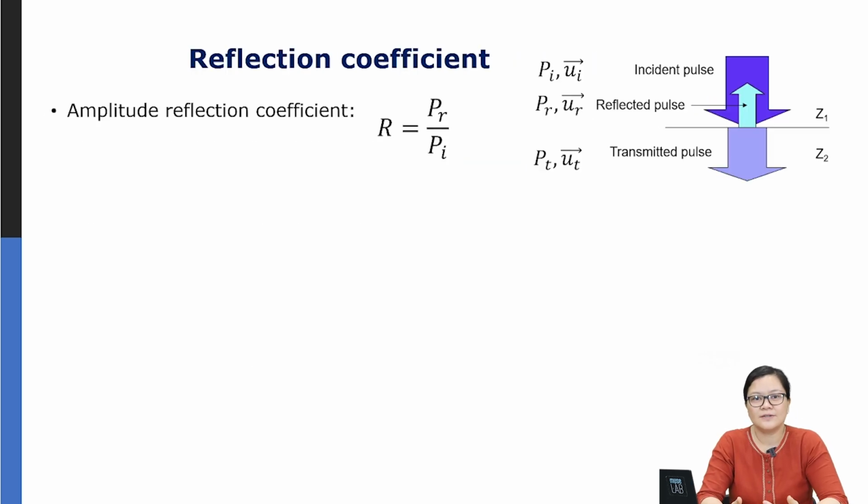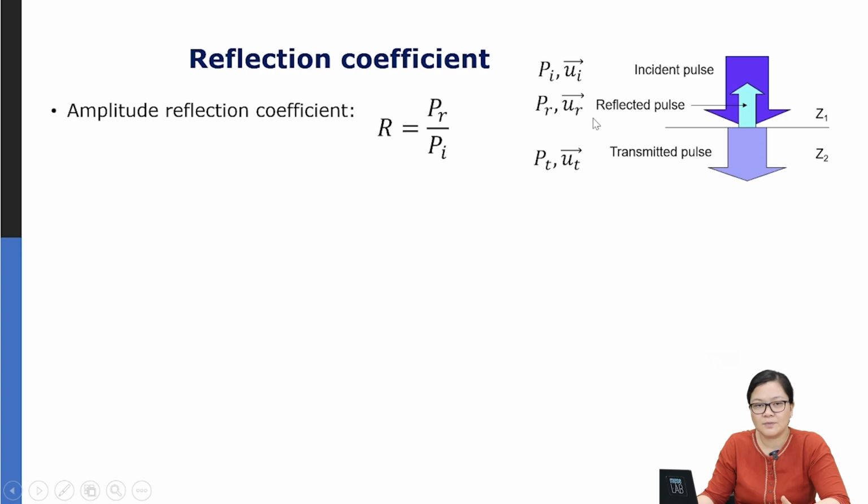And one way to quantify the reflection, how much of the ultrasound pulse is being reflected, is by the reflection coefficient parameter. So we define here the amplitude reflection coefficient by R. In this same schematic, our incident pulse is characterized by the pressure Pi and the particle velocity Ui.